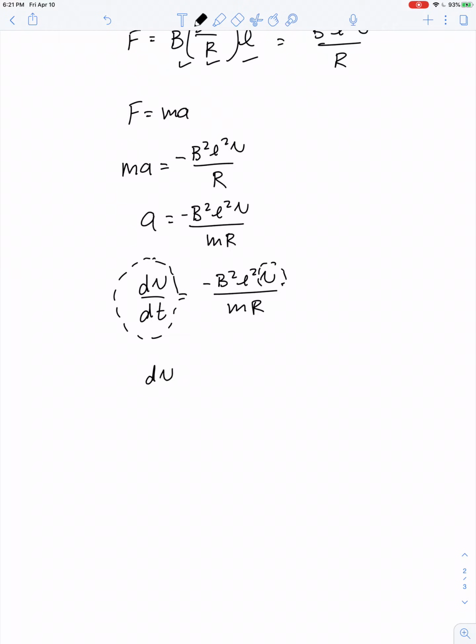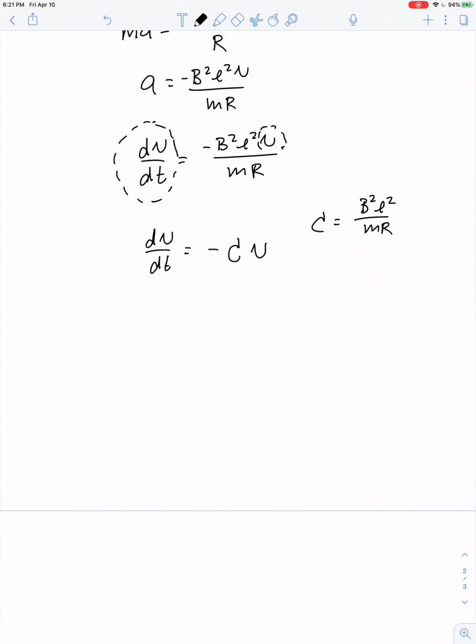I can say dv dt is equal to negative, and I'm just going to make up a constant, lowercase c, negative c times v, where c would have to be equal to b squared L squared over mr. So if this is the case, we could rearrange the equation and say dv over v is equal to negative c dt, and then integrate both sides of the equation.